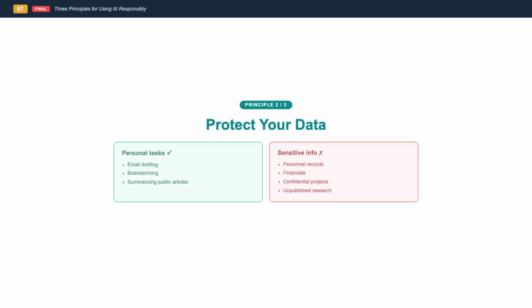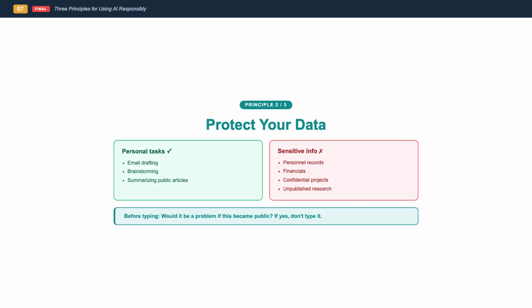Principle 2: Protect your data. Anything you type into an online AI service leaves your computer. It travels to external servers, and depending on the service and its terms, it may be retained, reviewed, or used in future training. For personal, non-sensitive tasks, drafting an email, brainstorming ideas, summarizing a public article, this is generally fine.